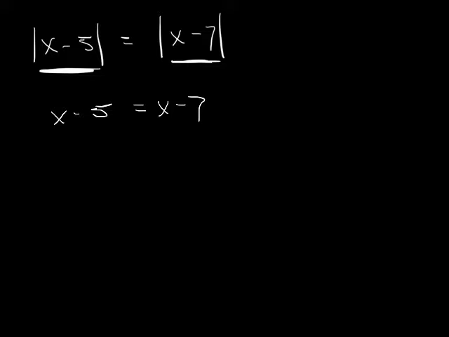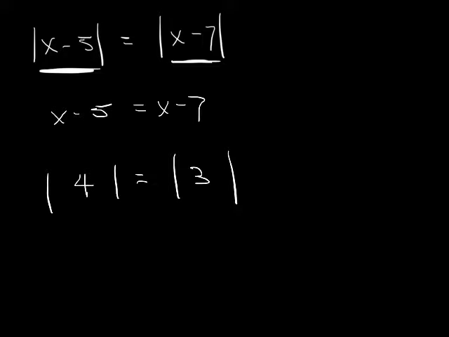That's a tough question, because you're thinking, yeah, it is true. What if the number in the first absolute value, when we took x minus 5, what if it gave us 4? And what if the absolute value when we took x minus 7 was 3? Is that possible? No, it's not.